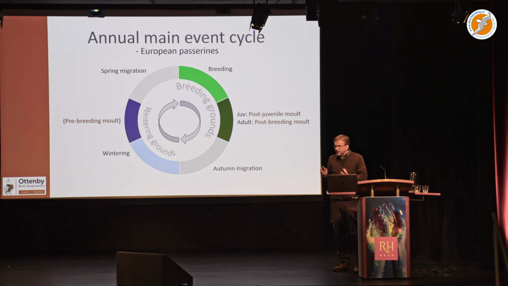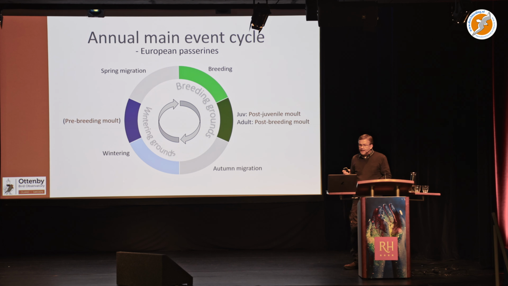So remember, that's super important in order to get this: in Europe, for European passerines, the rule is that the molt is conducted before the birds leave for the autumn migration, generally very close to their breeding grounds.